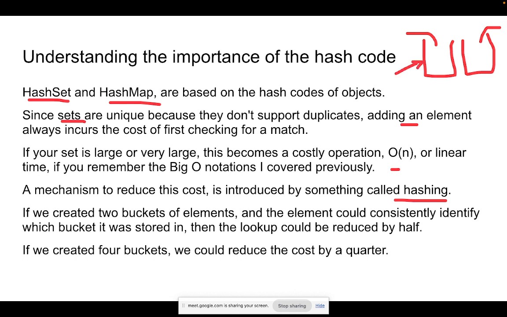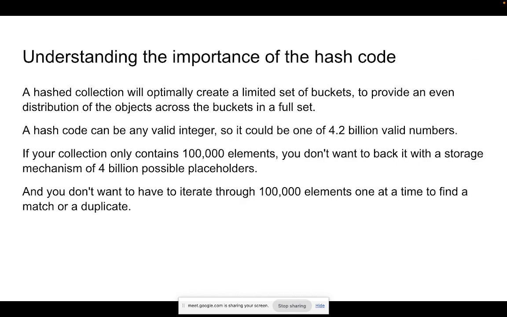If the element exists in, suppose, bucket 1, we will just search the elements of that bucket. If it is in bucket 2, we will search that. So the lookup time for adding an element will reduce by half, right? If we have 4 buckets, the more buckets we have, the less the lookup time will be. So if you want to add more and more elements within a set, you can reduce the time to look at all the elements before adding the element. Okay, so that's the conceptual aspect of it.